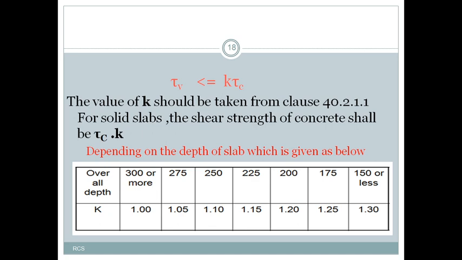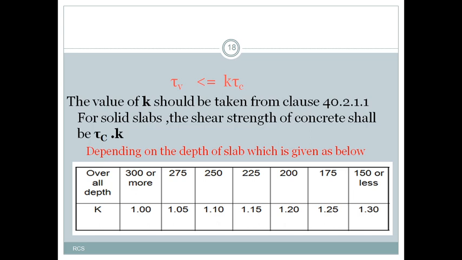In slabs, we will not separately design the shear reinforcement to resist the shear force, but we will provide the shear reinforcement in the form of bent up bars. As we are providing main bars in the slab in the shorter direction for a one way slab, those bars are bent at the edges, at a distance of 0.1 L, that is 0.1 times the effective length, from the face of the support.